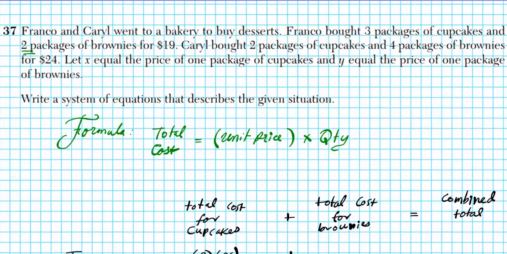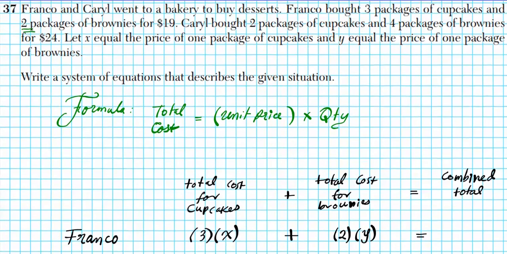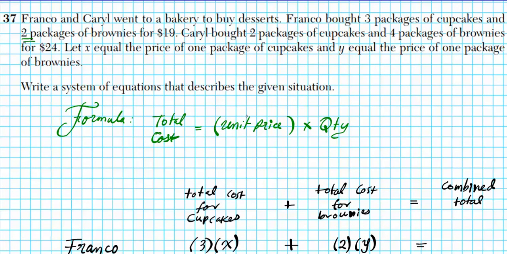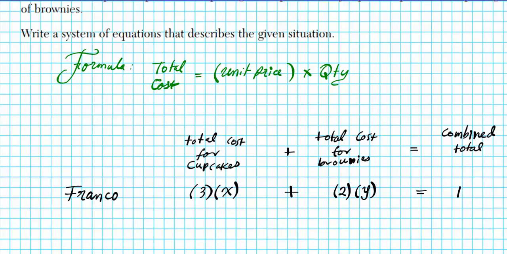And then for brownies, the unit price is y multiplied by the total packages she bought, which is 2. So you go 2 times y. And then the combined total, how much did she spend for both of them combined? It says Franco bought 3 packages of cupcakes and 2 packages of brownies for $19 combined. So her combined total is $19.